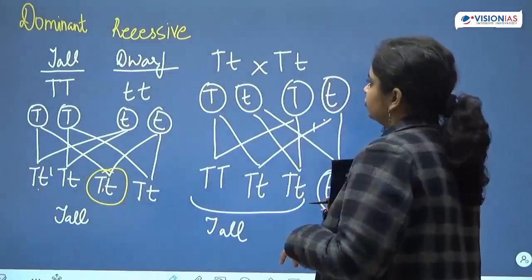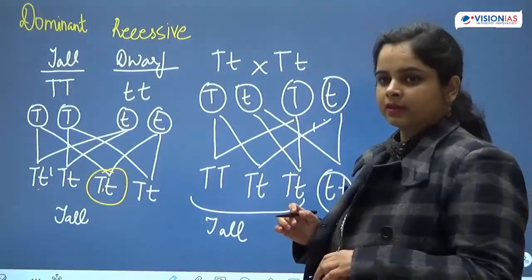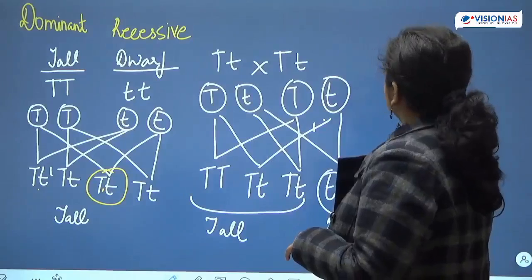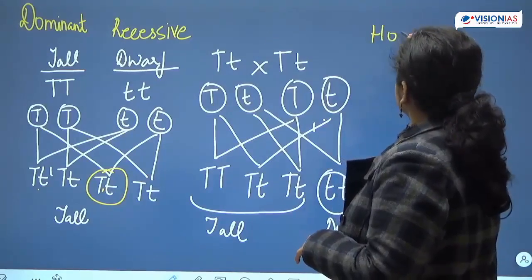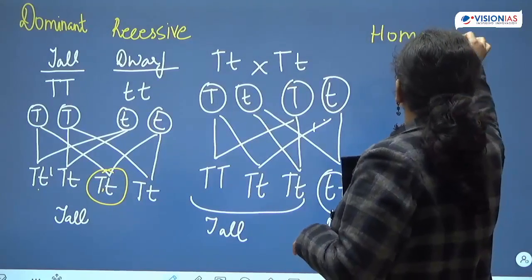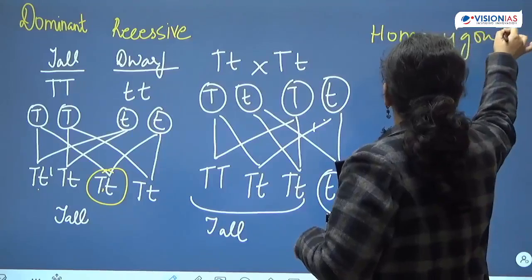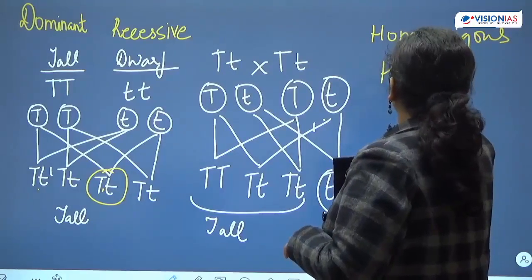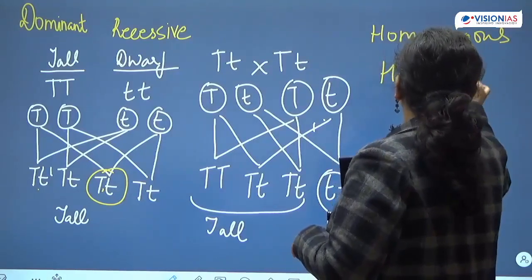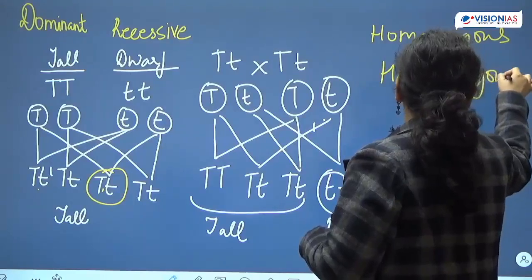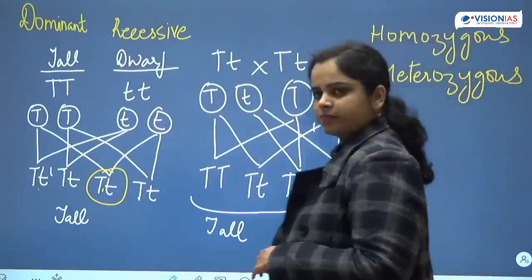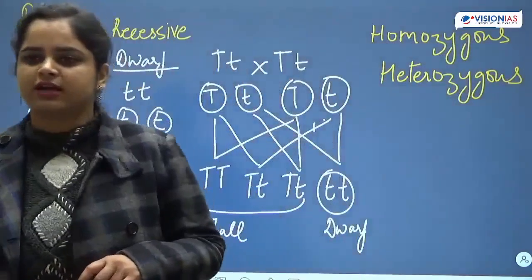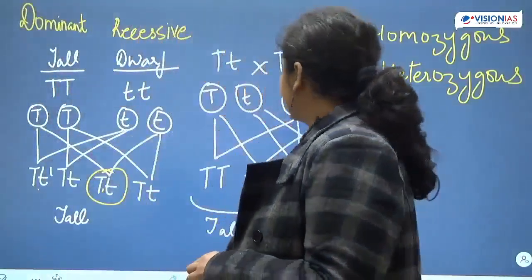Going further into this, we are going to use some terms. The first one is homozygous and heterozygous. Homozygous and heterozygous. What does this mean?